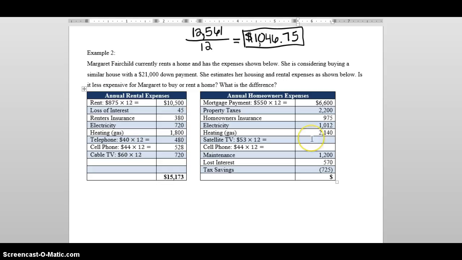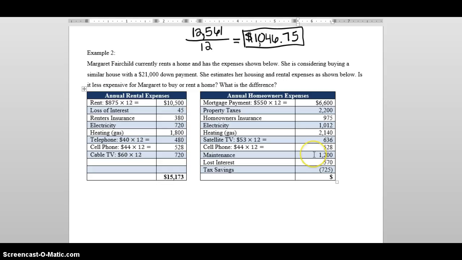Her satellite TV will cost her $53 a month for 12 months, which is a total of $636. And her cell phone, again, costs $44 a month times 12 months, which equals $528.